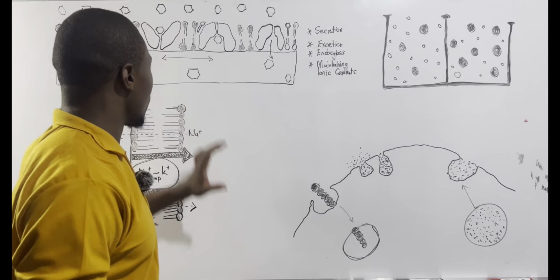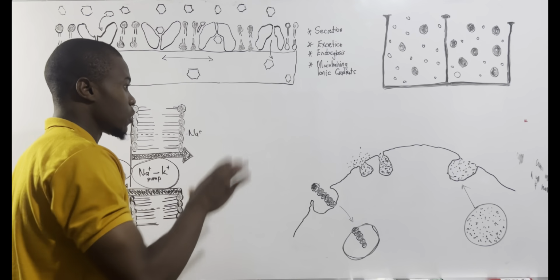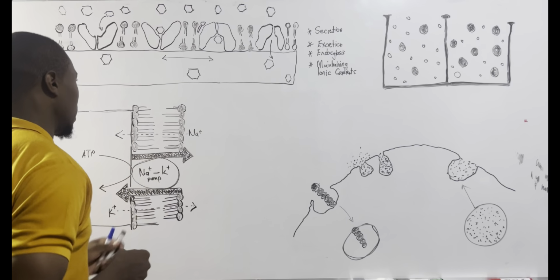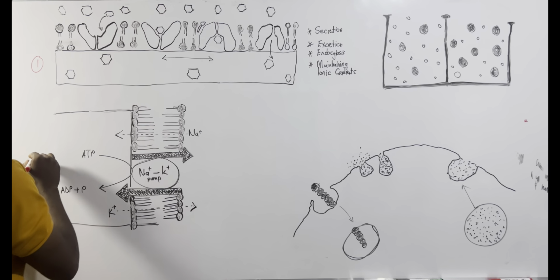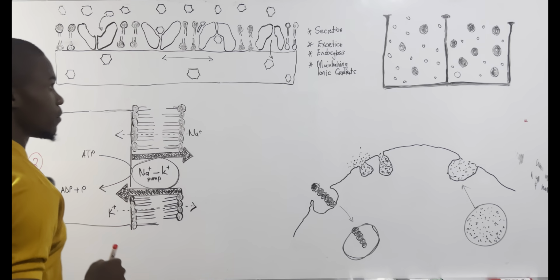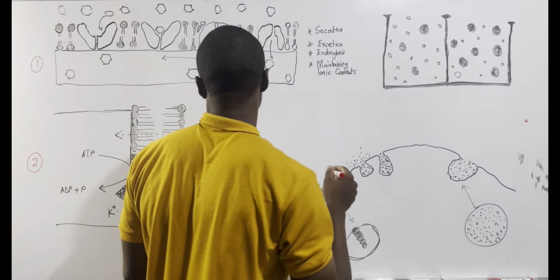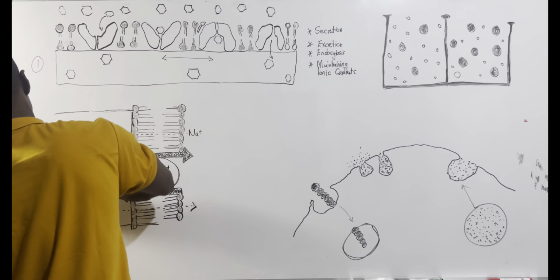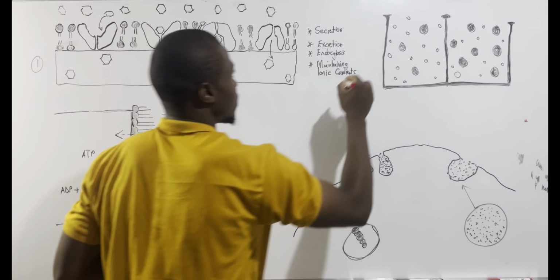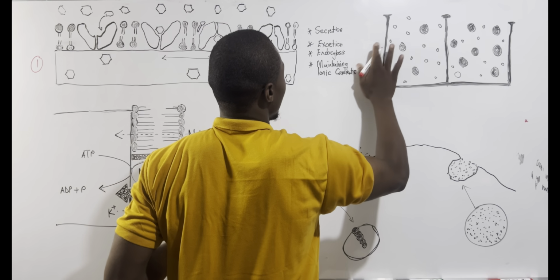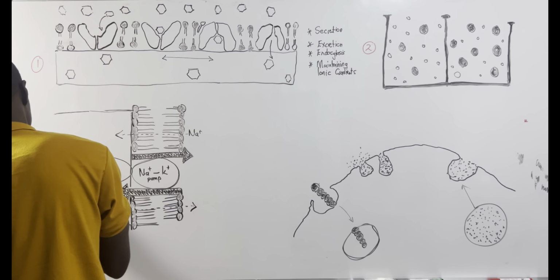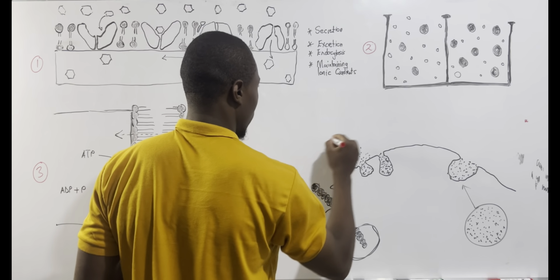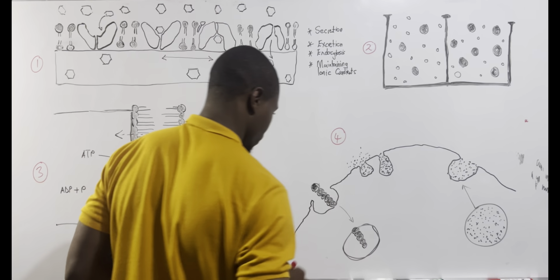Looking at the structures, we have 4 diagrams here, so I'll label them. This is diagram number 1, this is diagram number 2, this is diagram number 3, and another diagram, which is diagram number 4.